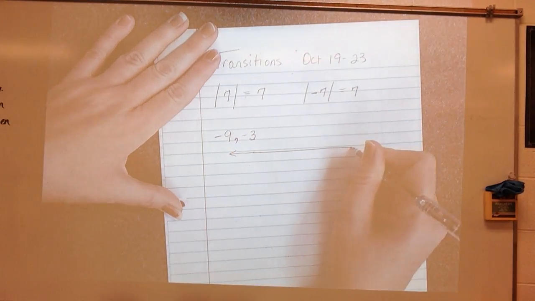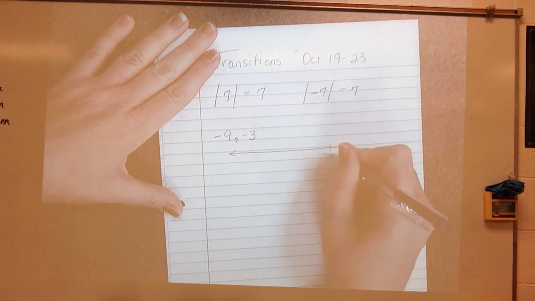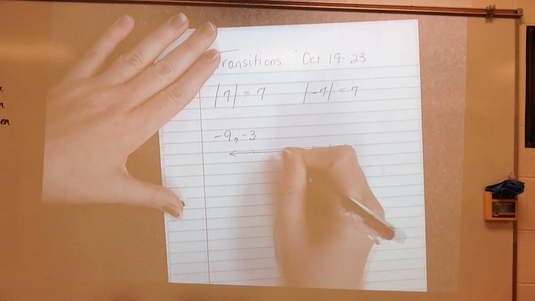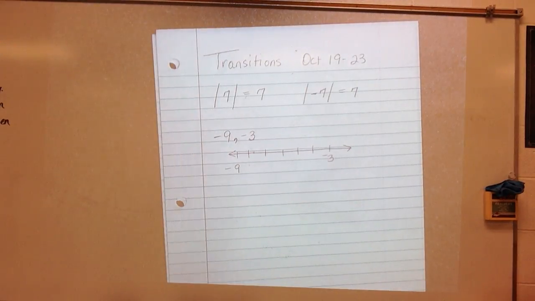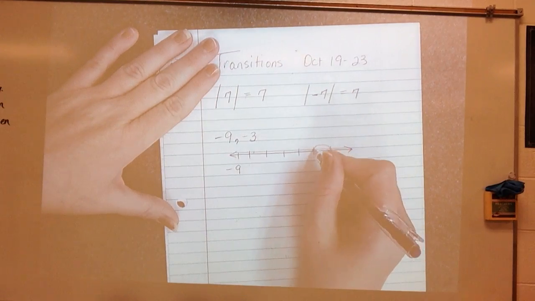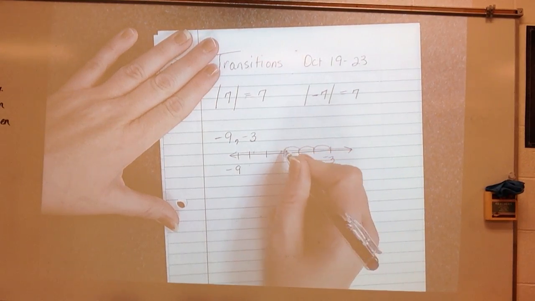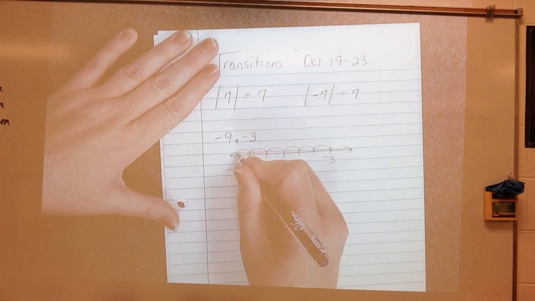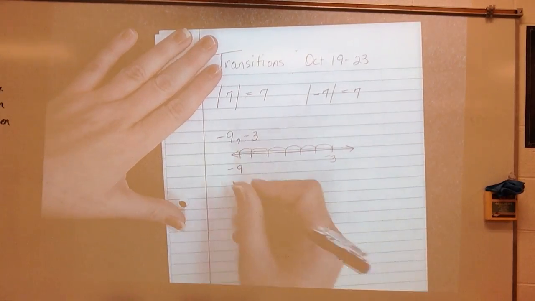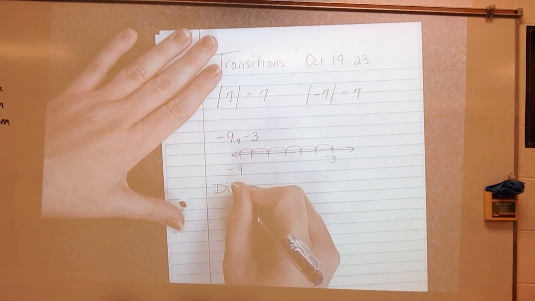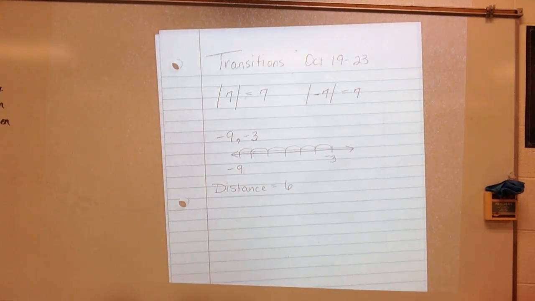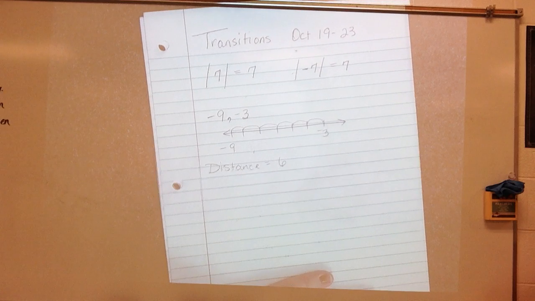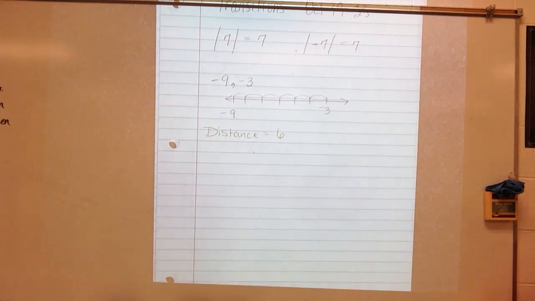I can draw it out on a number line, and I can count the distance. 1, 2, 3, 4, 5, 6. So the distance would be 6. Or I can use absolute value to figure that out.